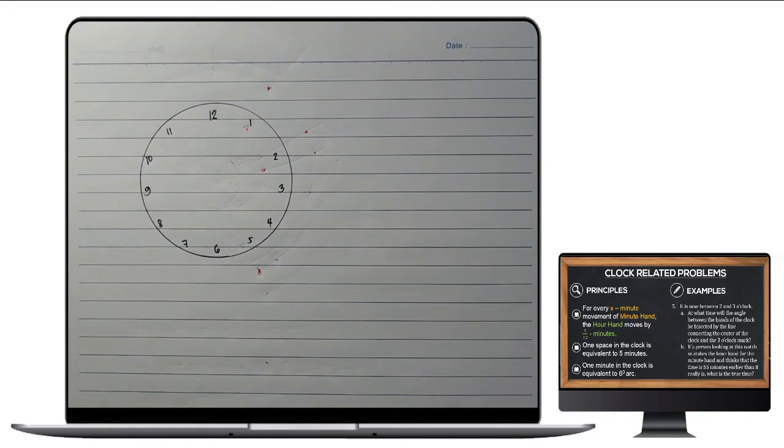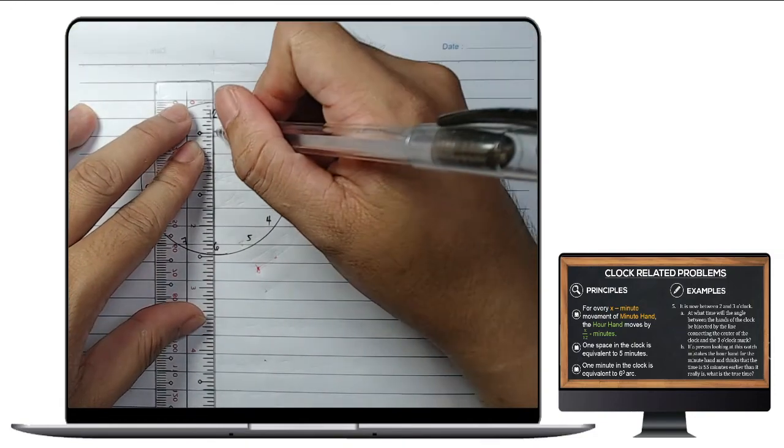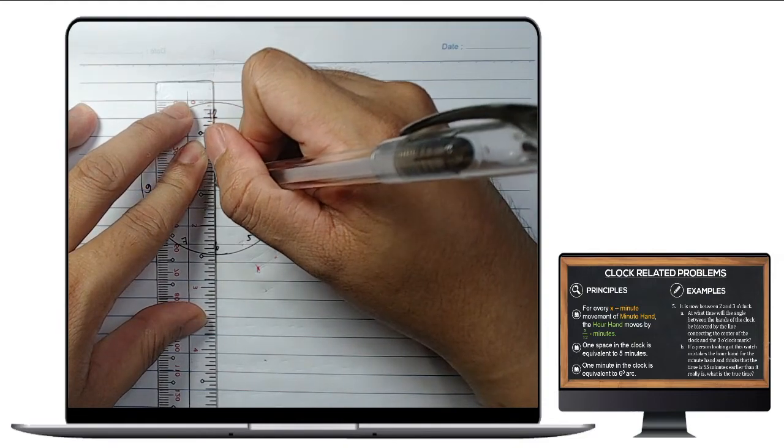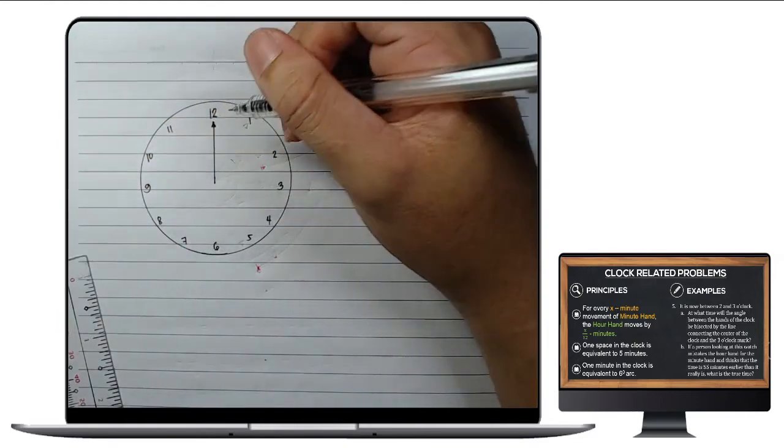Okay, so the time is between 2 and 3 o'clock. So let's just use the 2 o'clock as our starting point or our reference point.